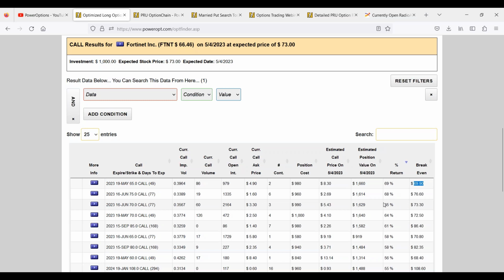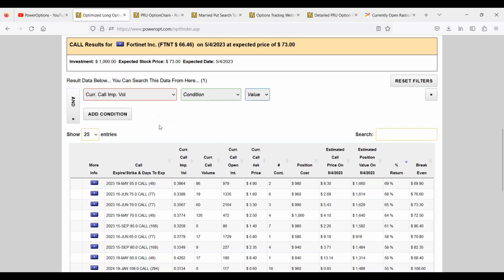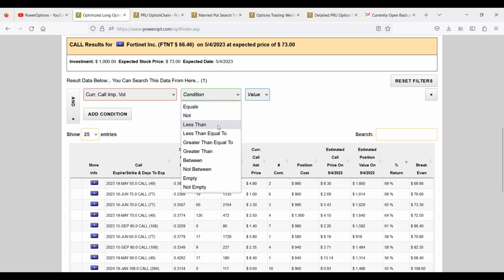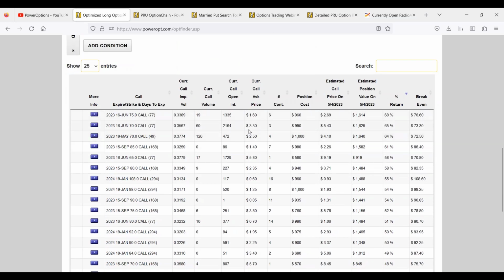I just used the profit and loss chart to do that before, but Ernie had the suggestion and made this change. Similar to what we're talking about with Shashir, if I'm buying calls here, I could limit any call options, for example, where the current implied volatility of the call was less than 0.39, because I don't want to pay too much for volatility, and it would automatically filter those.